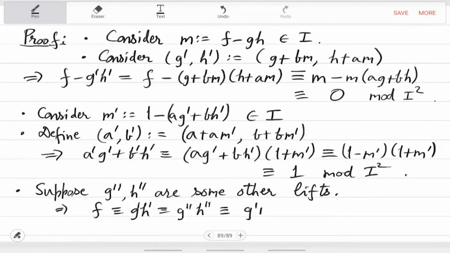So this is g prime plus m1 and this is h prime plus m2. m1 is g double prime minus g prime, and m2 is analogously h double prime minus h prime.